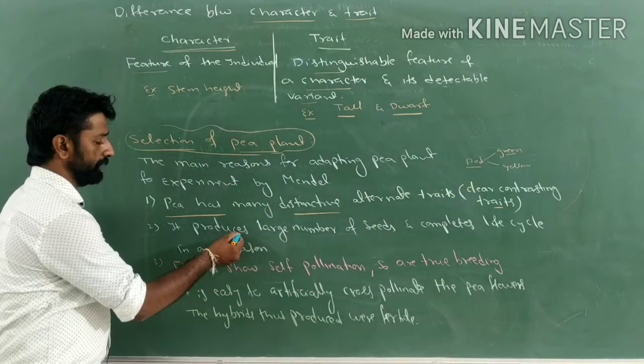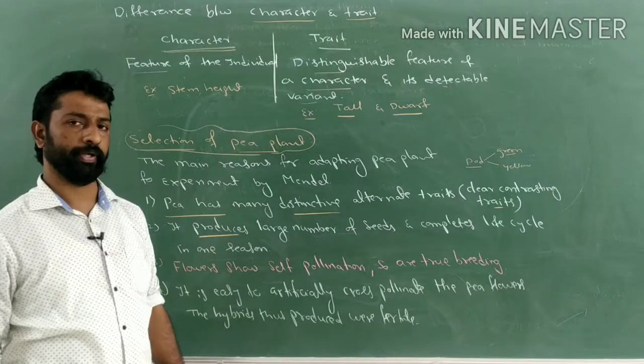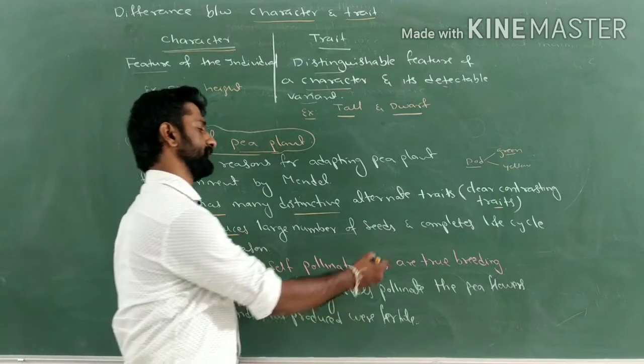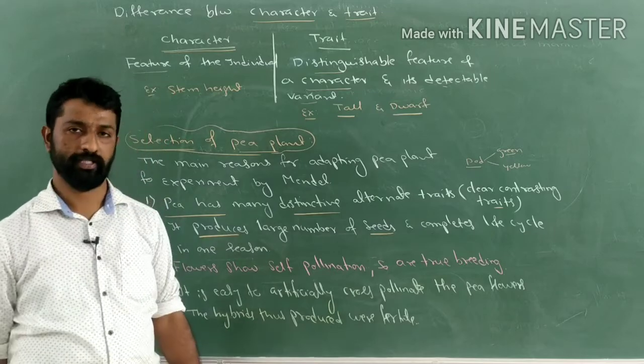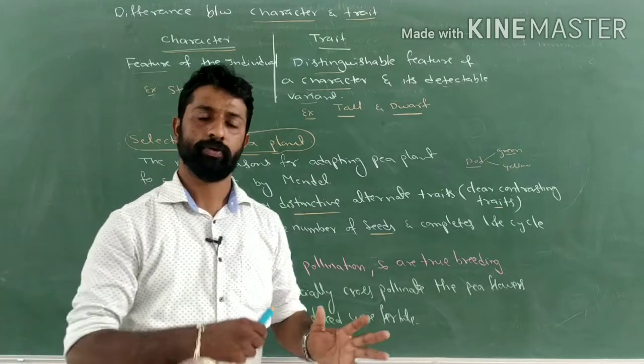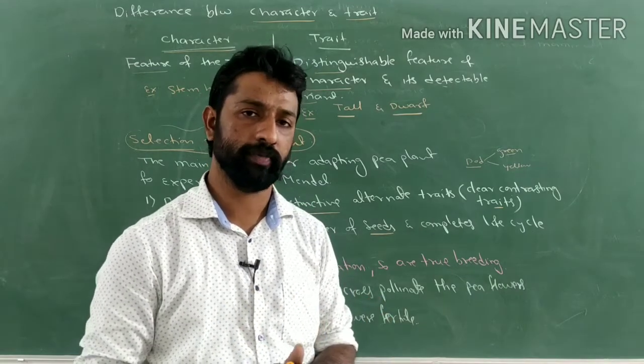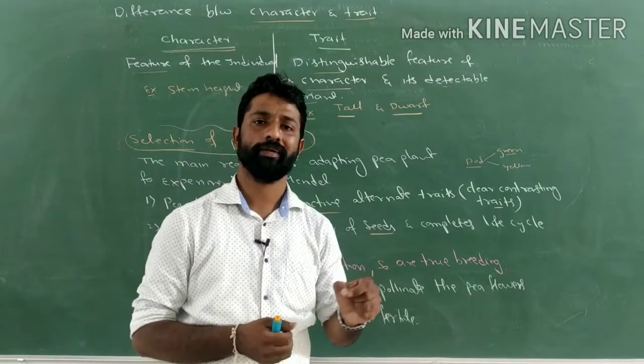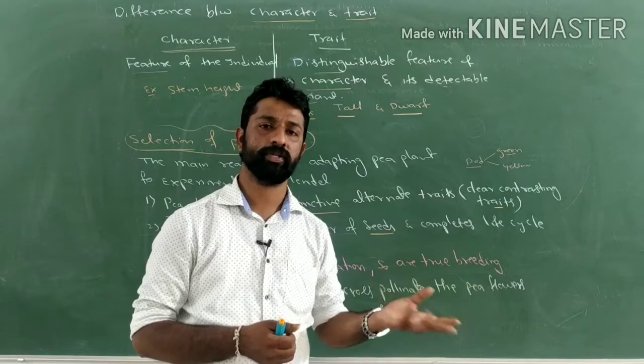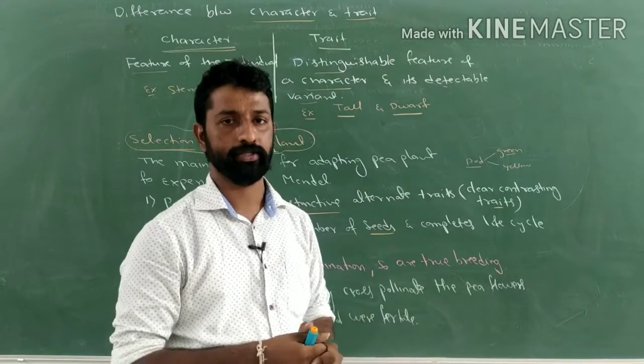Next, this pea plant produces a large number of seeds. Production of a large number of seeds, and a large number of offspring, is very important in order to get the results or the observations of that particular experiment.